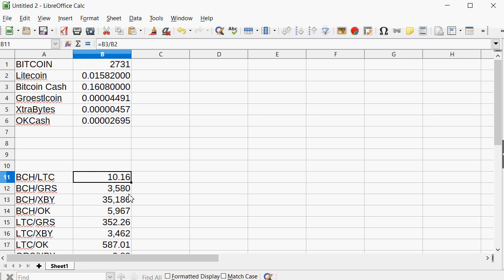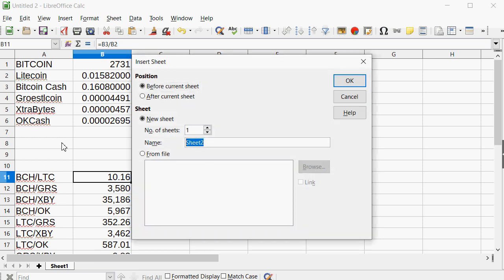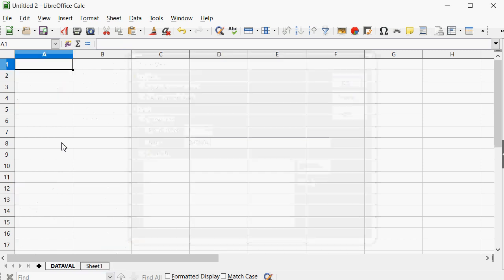But we need a lot more with this. How about ownership of the coins? So I'm going to put a tab, and I call mine MISC. We'll put data coin, data val. So the coins that we're owning: we're going to own Bitcoin, which we start off with 1.